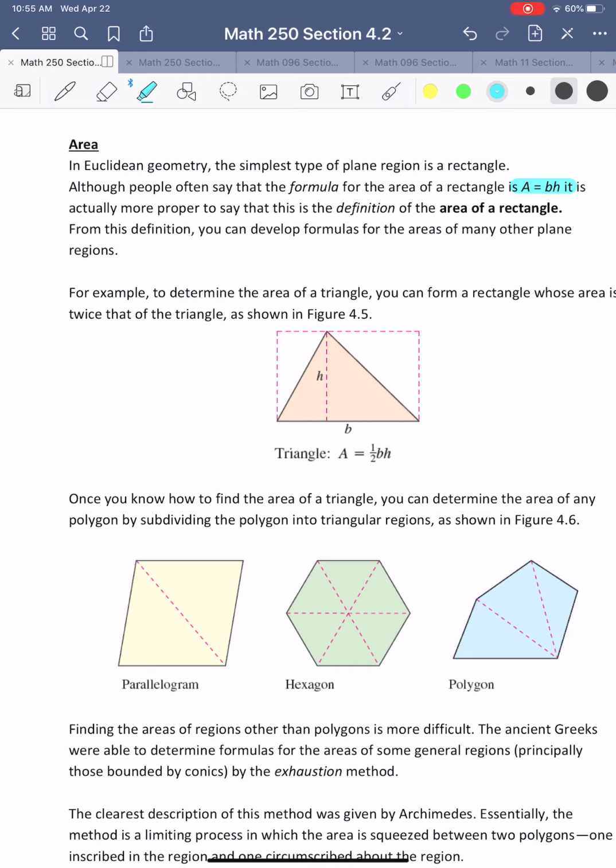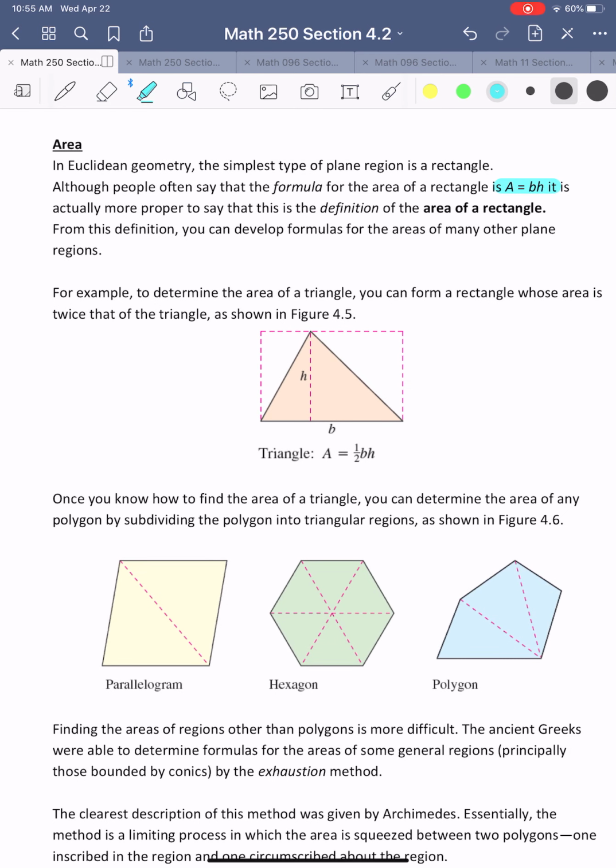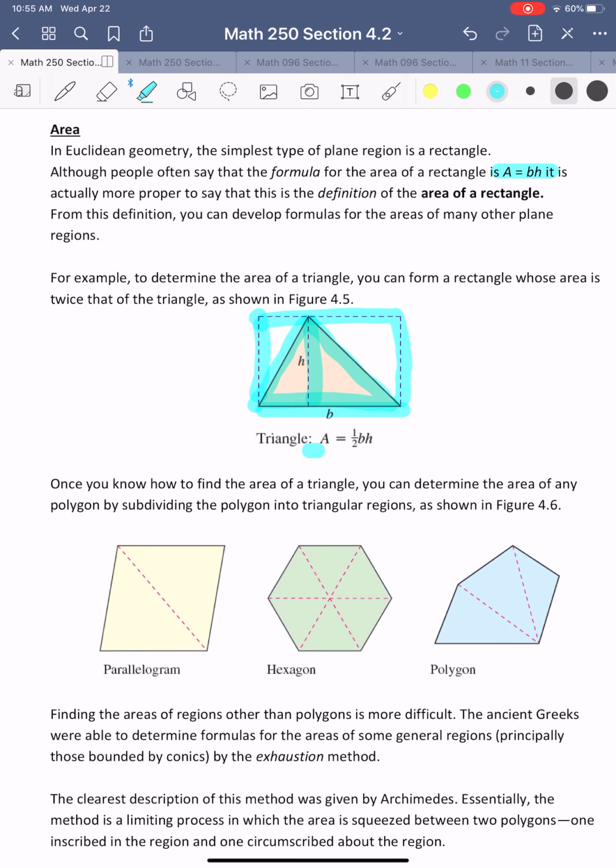So for example, to determine the area of the triangle, you can form up the rectangle. So you only see the triangle, but make the rectangle and then multiply base times height and then divide by 2, which is going to be the area of the triangle.